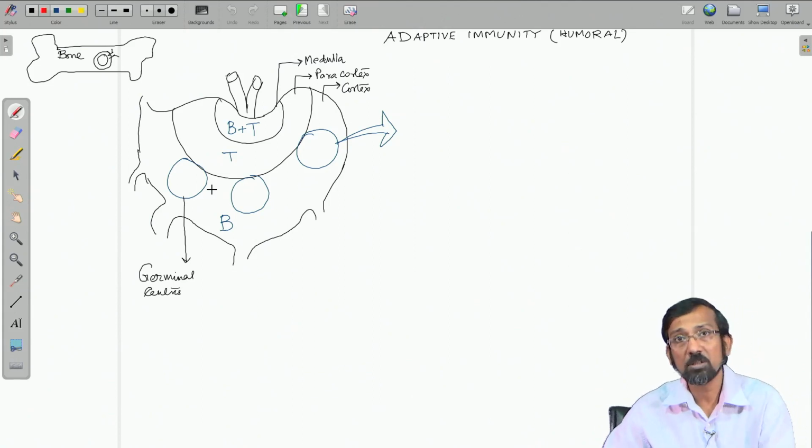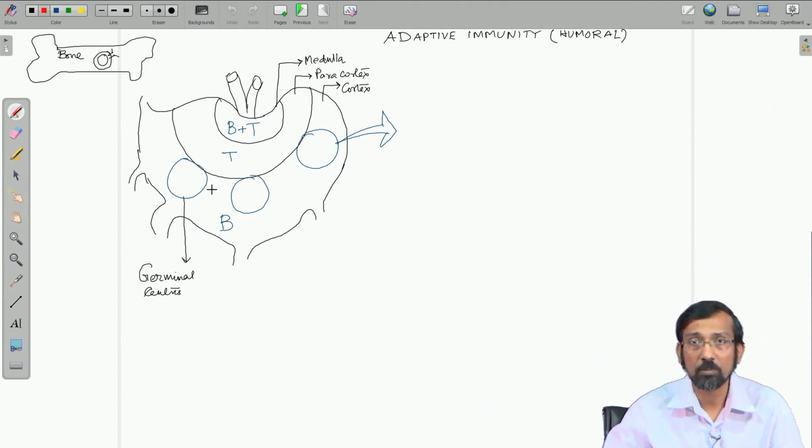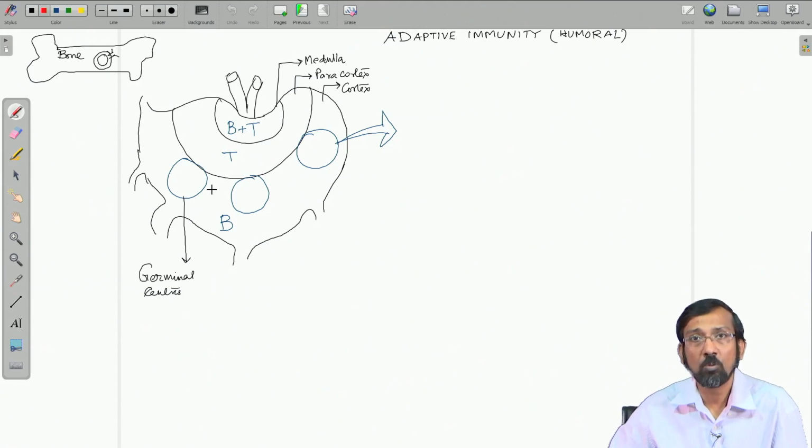Now the antigens which are being presented by the antigen presenting cells, or the antigens that have reached this lymph node, will confront those B cells. These mature B cells are already expressing IgMs on their surface.